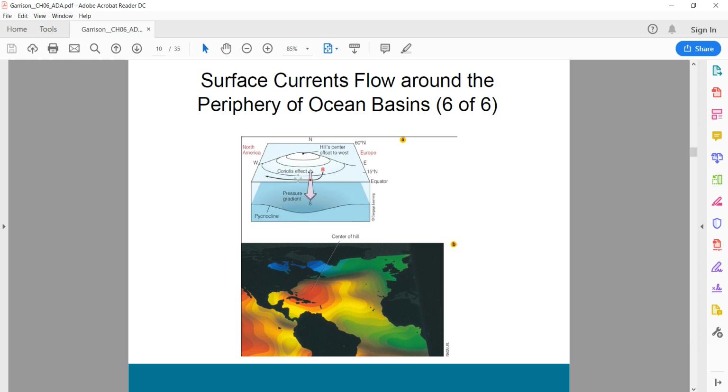But even that small mounding of water will propel these surface currents to go around it because of this pressure effect. It cannot go over it because of higher pressure in this region.